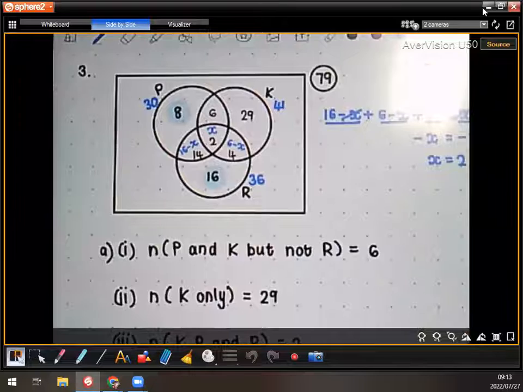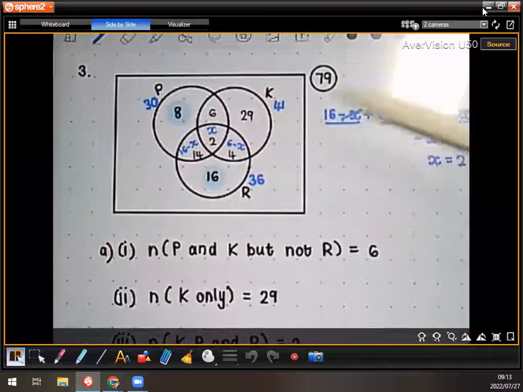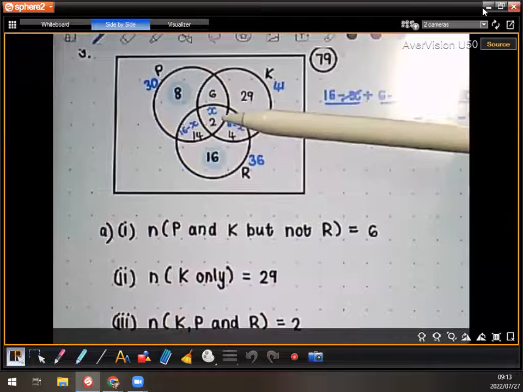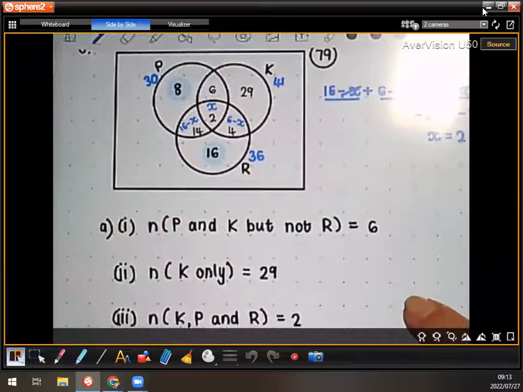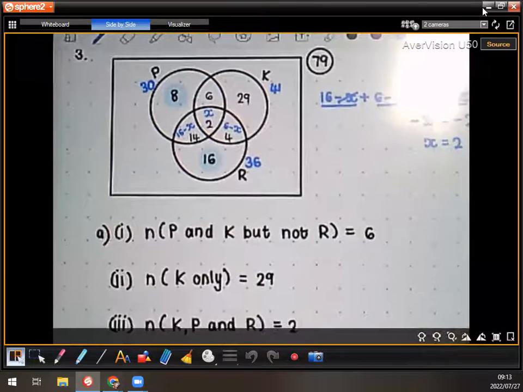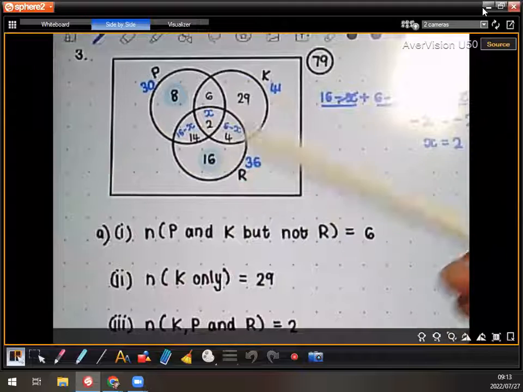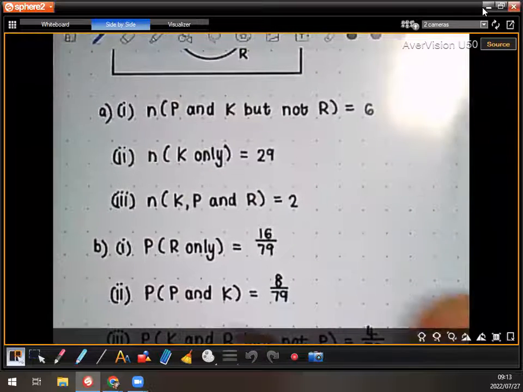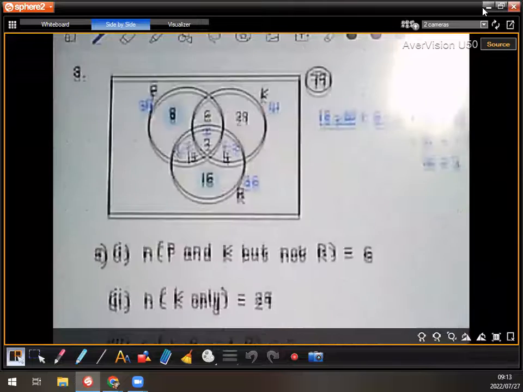Okay, how many people like Quito only? 29. How many people like all 3? That would be 2. Right? Probability of rap only, that is the next question, is 16 over 79. There we go. Then what's the probability of liking pop and fighter?